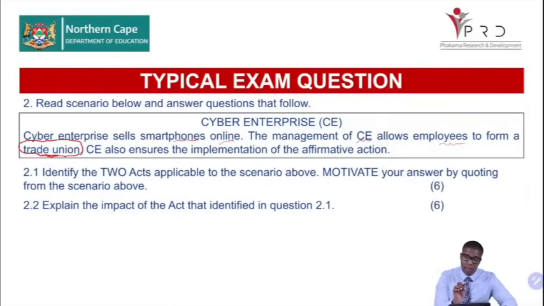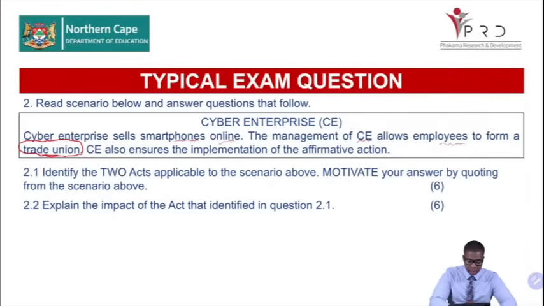With business studies, it's very, very important that you identify the keywords that would apply to each act, because the keywords would help you to determine which act is applicable in a scenario. Because in your section B, there's a lot of scenarios.